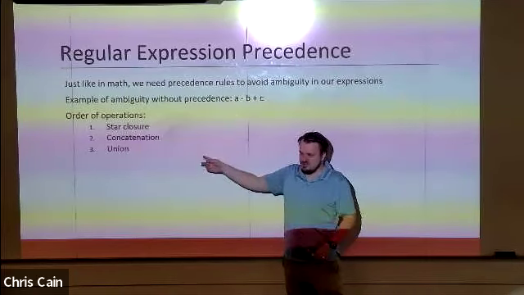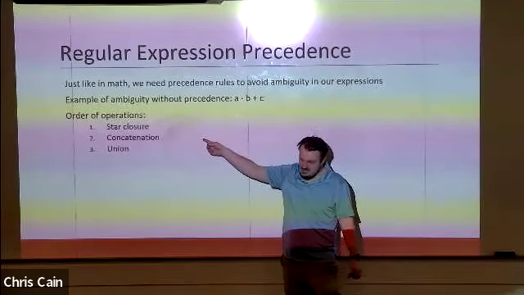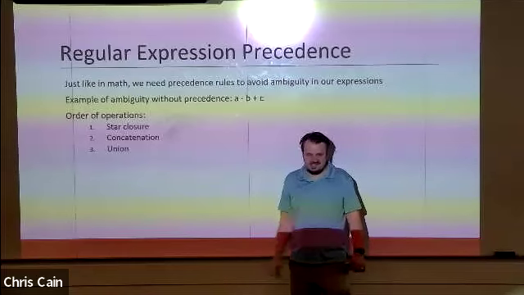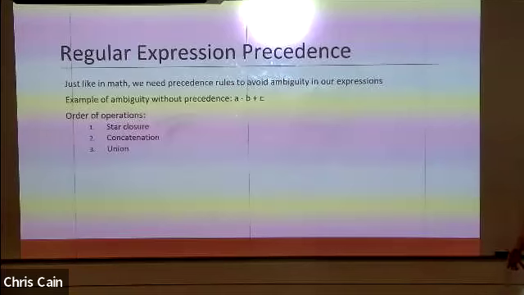Times has a higher precedence than plus, so the symbol that we use for times representing concatenation has a higher precedence than the symbol we use plus for, which represents union. So it doesn't actually change the typical order of operations that you've worked with in mathematical expressions forever.